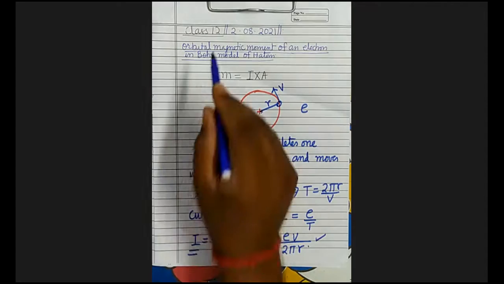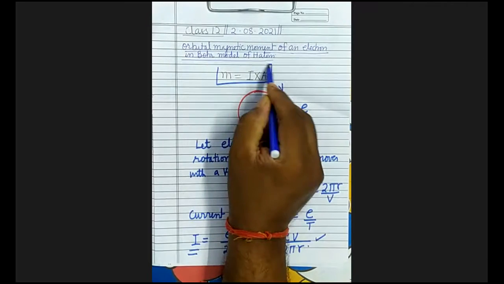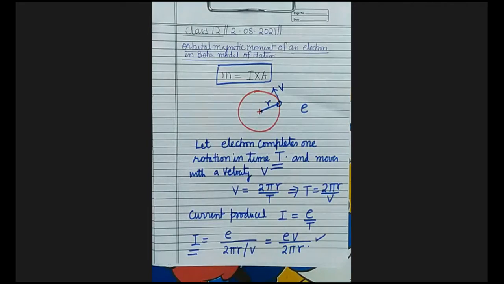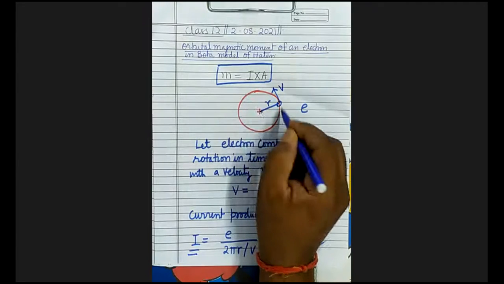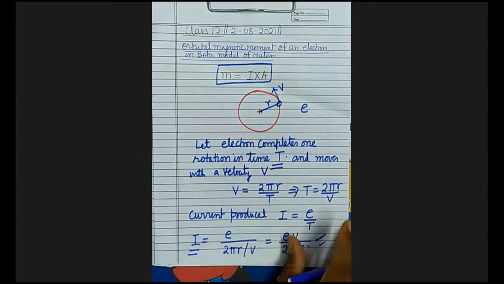What will be its magnetic moment? Magnetic moment will be given by M equals I into A. How much current does it carry? This. What is the area enclosed by this current loop? It is pi r square.